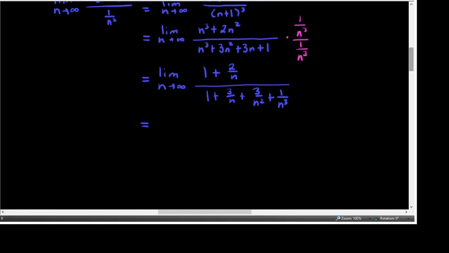Okay. So the limit of a constant is that constant. The limit of any constant over a power of n as n goes to infinity will be 0. And so that's going to be 1 plus 0 over 1 plus 0 plus 0 plus 0, which is 1.